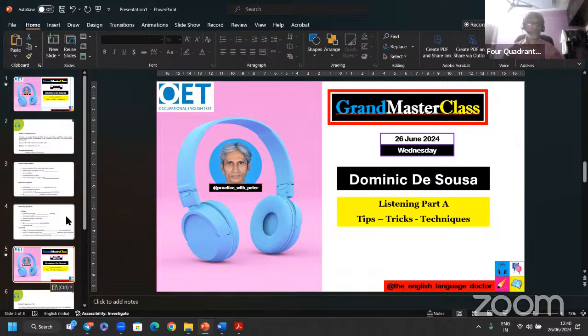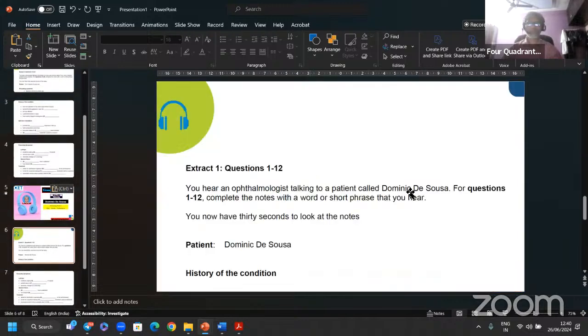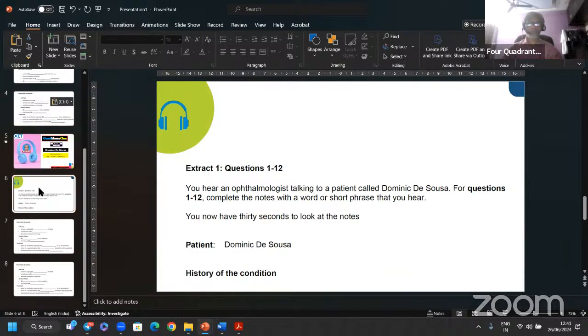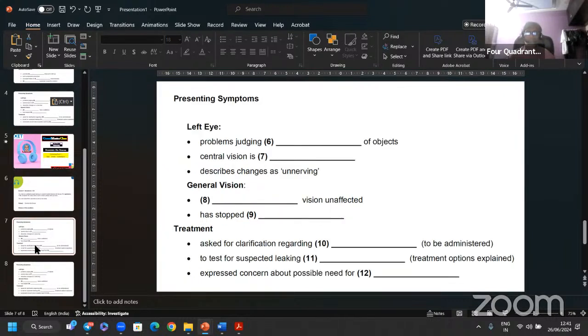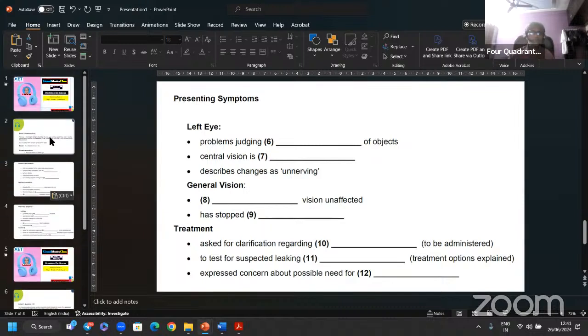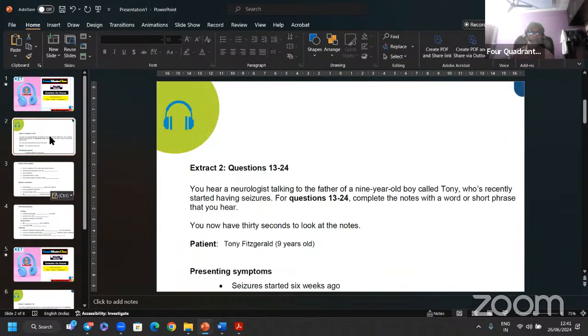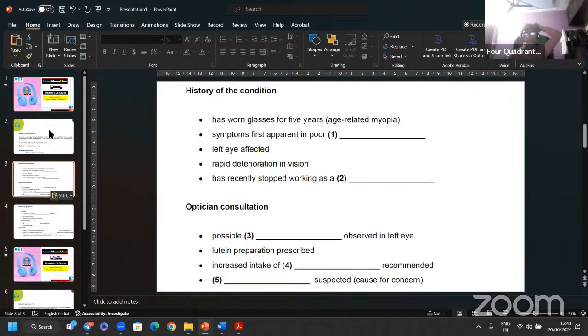This is a Tony Fitzgerald, right? Tony, Dominic Sousa. This one is Dominic Sousa. This one is Dominic Sousa. But this is, what is this? This is extract 2. Did I do here?